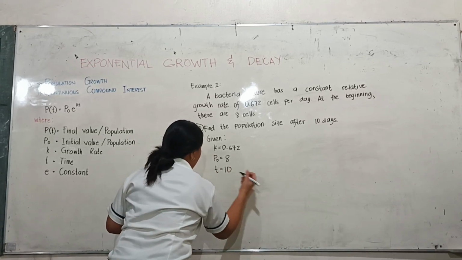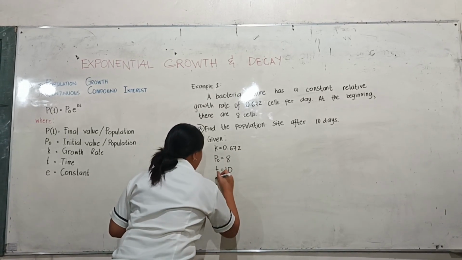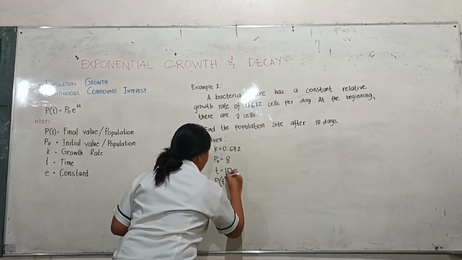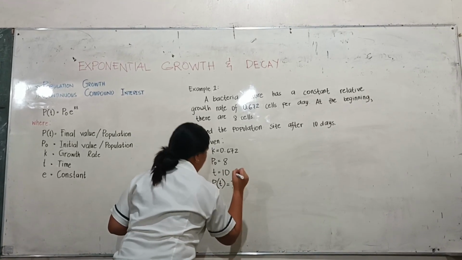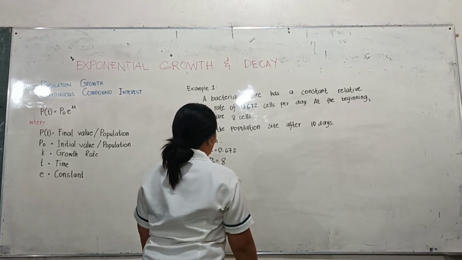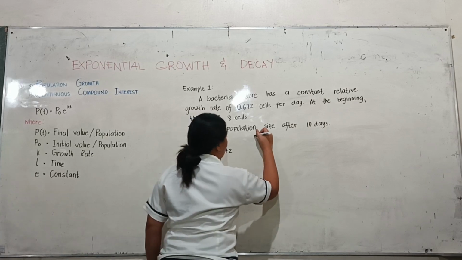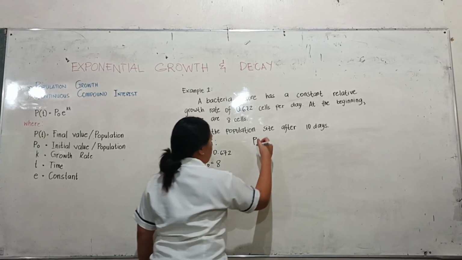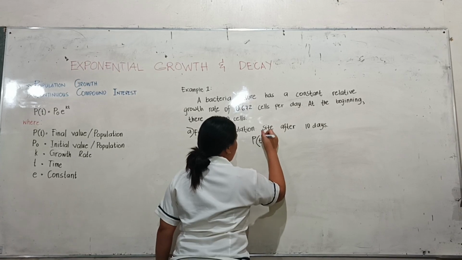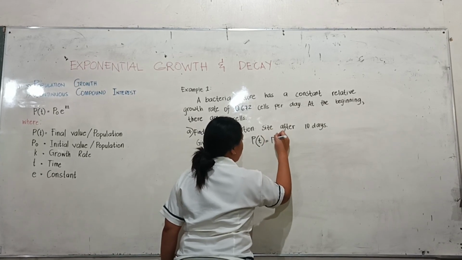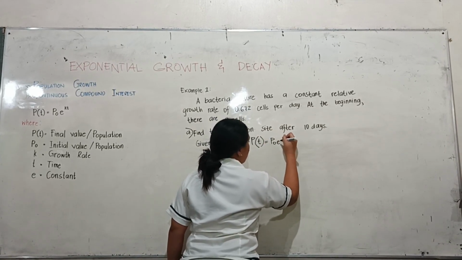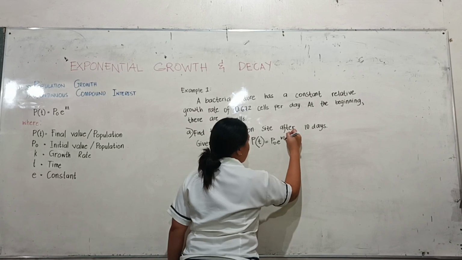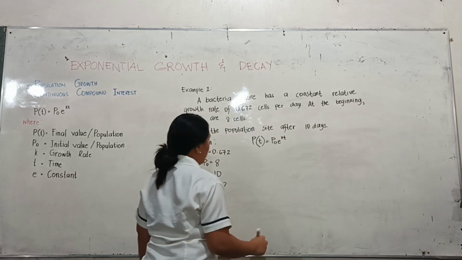So we need to find the final value. We're going to substitute into our formula, which is final value is equal to initial value times e raised to growth rate times time.